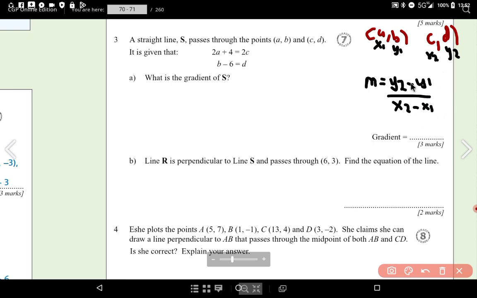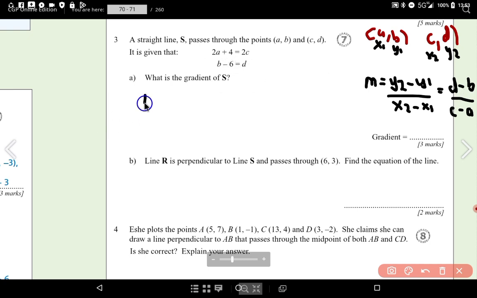So what is y2? y2 is d, y1 is b, x2 is c, and x1 is a. Watch closely what I'm going to do. I need d minus b, and I can get d minus b from this.